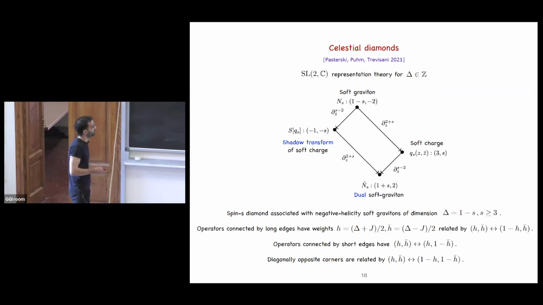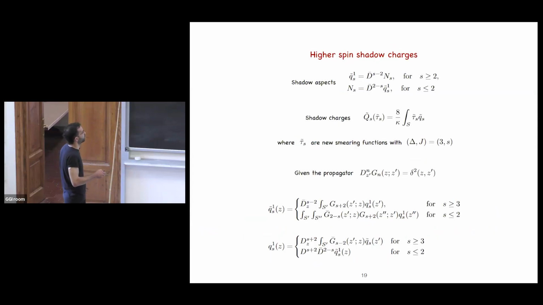So you have to be a bit careful when you consider both cases, s bigger or equal than 2 or s smaller or equal than 2. When s is equal to 2, the diamond collapses, so it doesn't really matter. And that's why the relation between the q tilde and the soft gravitons is a bit different in the 2 cases.